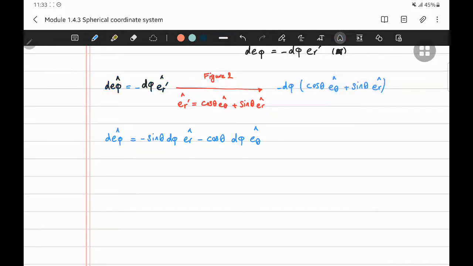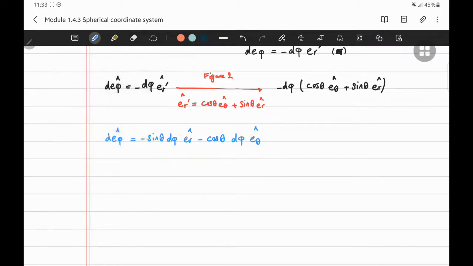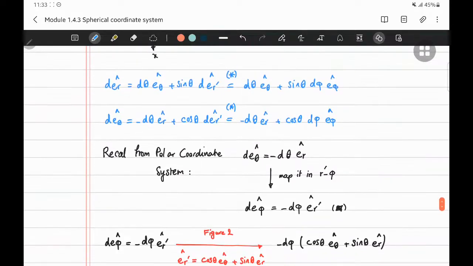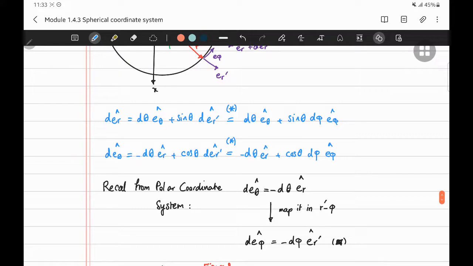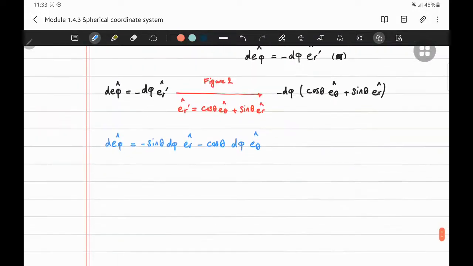So we had three important expressions here. We had this in here, and we also had this one in here, and we also had this one in here.